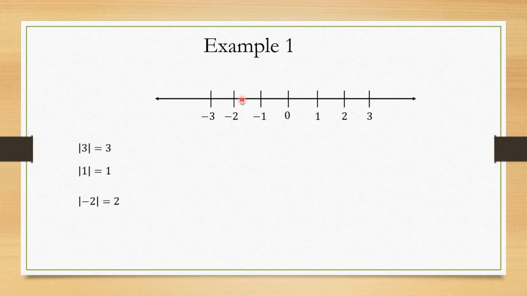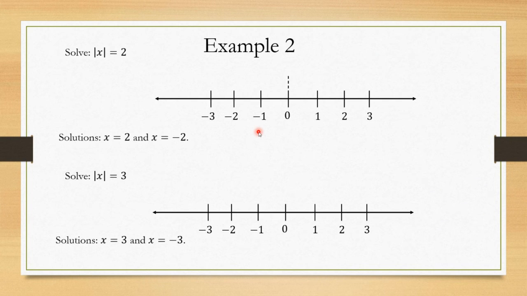What about -2? Well, -2 is 2 units away from 0. It's to the left of it, not the right, but it's still 2 units away. So because of that, the absolute value of -2 is 2. I did do that last time, so that was a little quick.